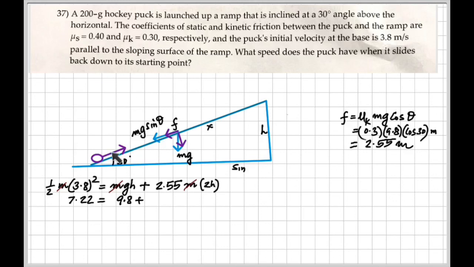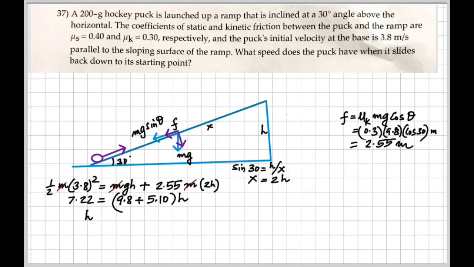Why? Sine 30 is equal to h by x, right? Because sine is opposite by hypotenuse. So sine 30 is h by x, and sine 30 is half. So when you rearrange, you get x is equal to 2 times h. That's why you have 2h there. And then I have the numbers there.